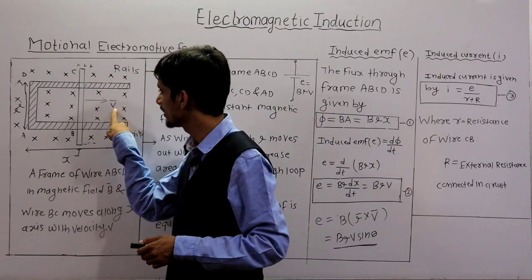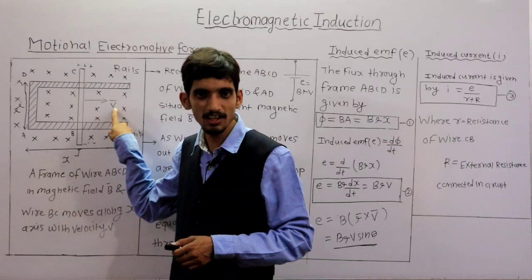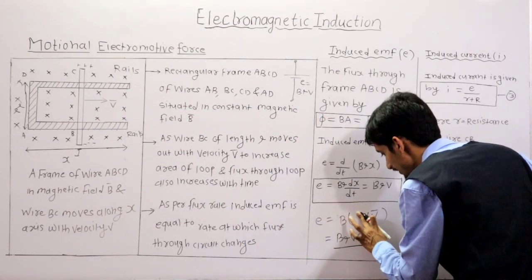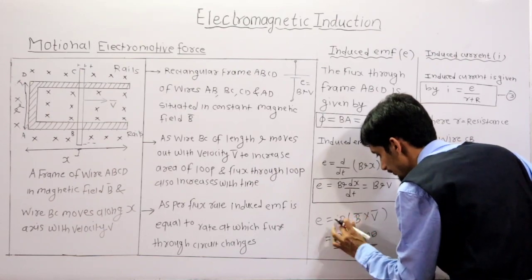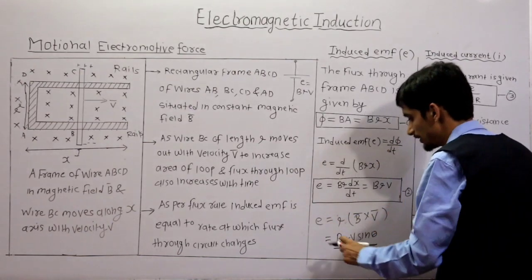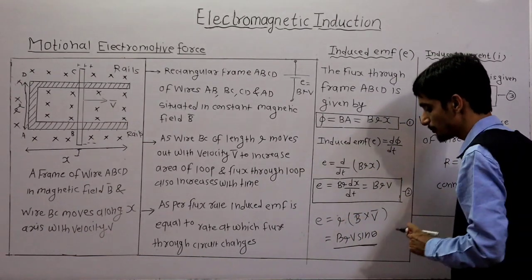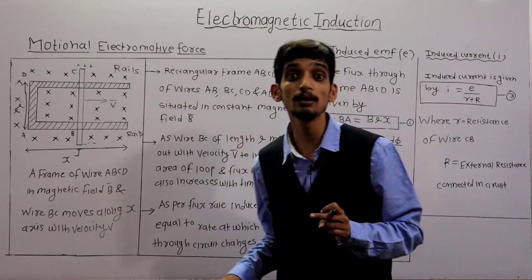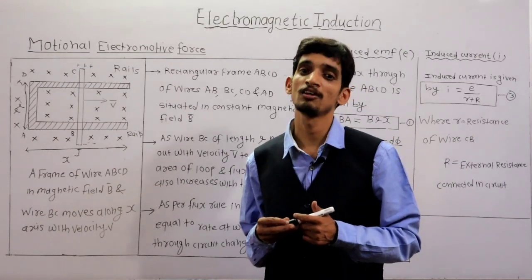Theta is the angle between this velocity and B, that you have to remember. This is L. So E is equal to L bar cross B bar. That's why BVL sin theta, and theta is the angle between V and field.